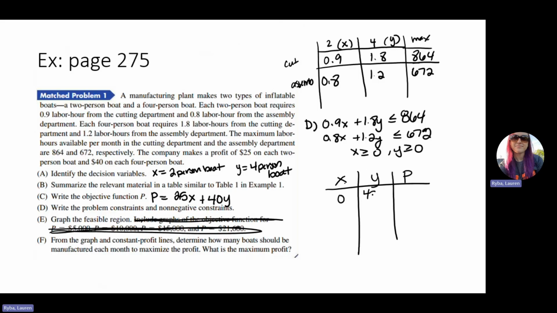So that was 0 and 480, 480 and 240, and then 840 and 0. So again, I don't need to put the corner point of 0, 0 here because plugging in zeros for the P function is just going to give me 0. It's not going to give me the best profit that I can make.